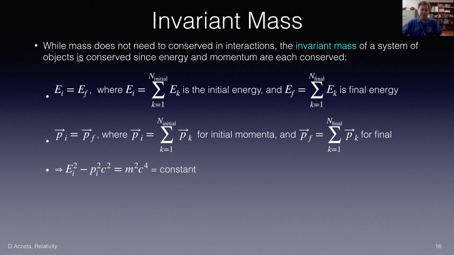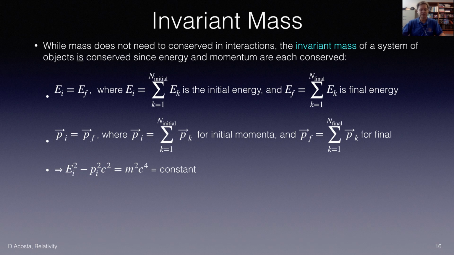What I mean by the invariant mass is this expression here: the total energy squared minus the total momentum squared times c squared equals m squared c to the fourth. That we've learned already is a constant, and here we see it must be a constant because the total energy is conserved and the total momentum is conserved.